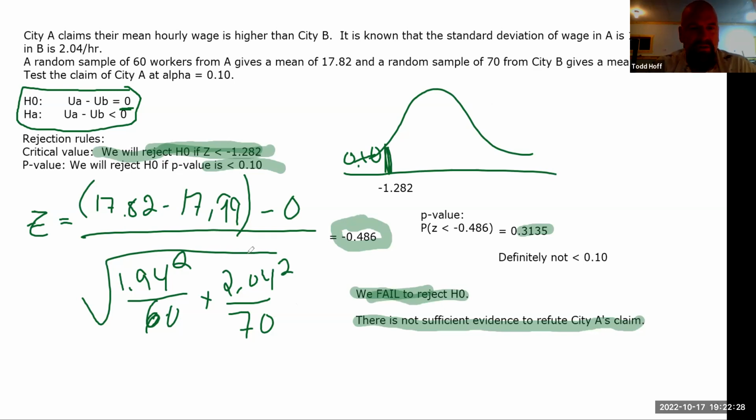Well, this one assumed that we knew both population standard deviations. We had them both given here in the problem. Chances are if we know the population standard deviations, we're going to know the population means. So it's not very practical, especially with two populations, to assume that we're going to know the population standard deviations.